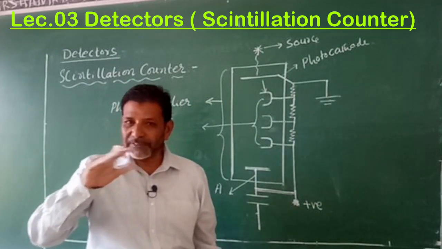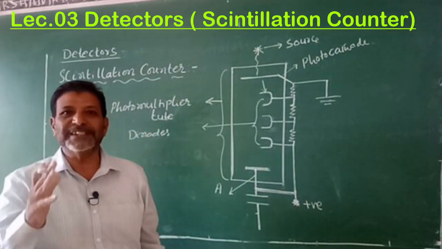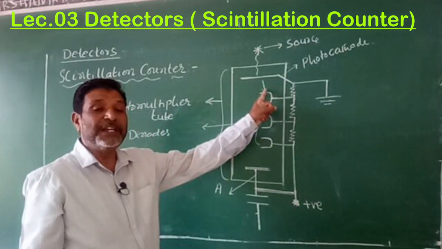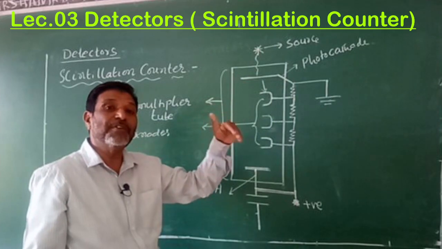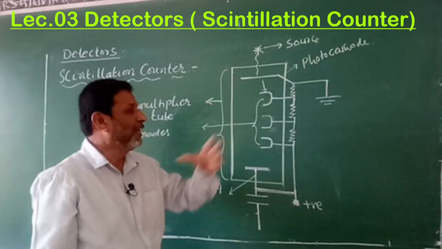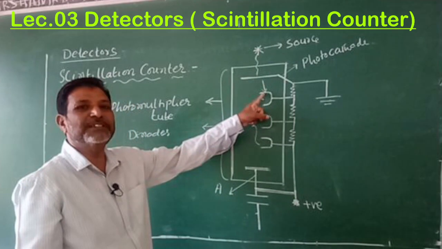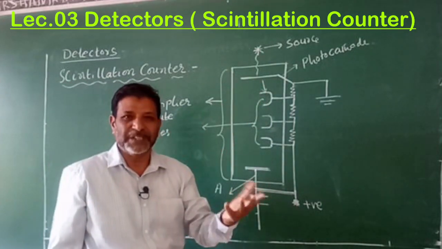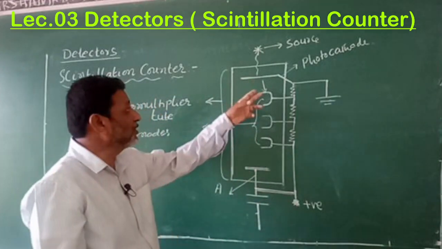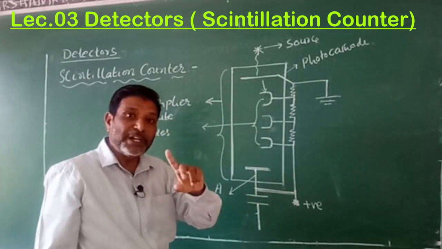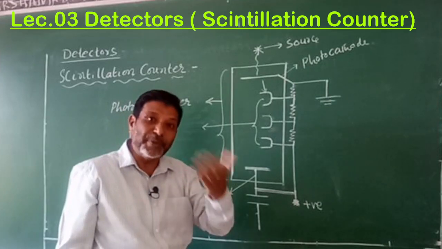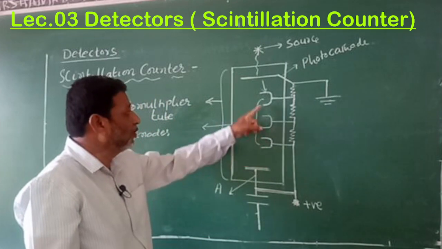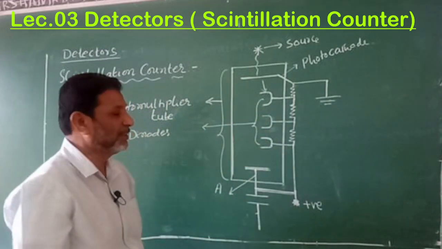For our understanding, let us consider that if one electron strikes it, it produces 10. That is just an example. If two electrons are incident on it, then for one electron it is 10, so for two electrons it is 20. Like this. Those electrodes are known as dynodes.